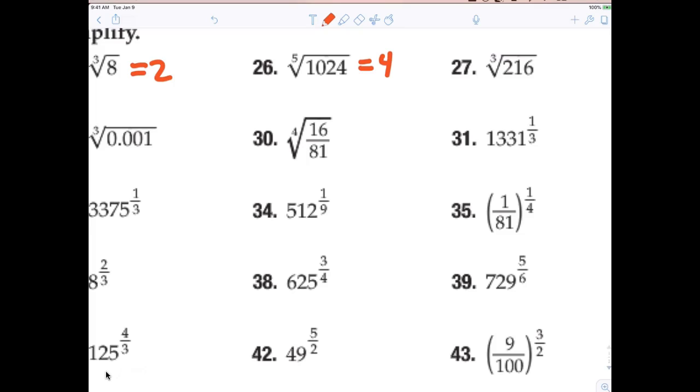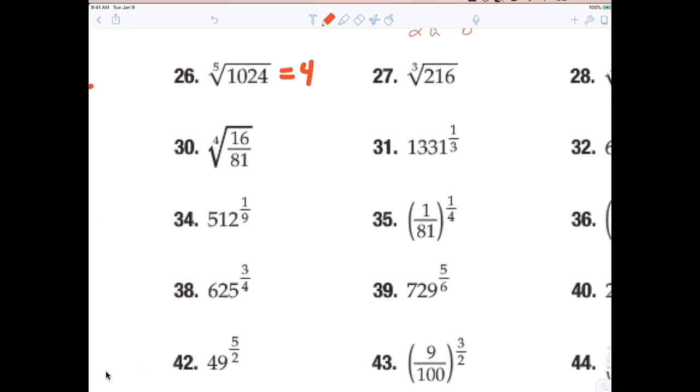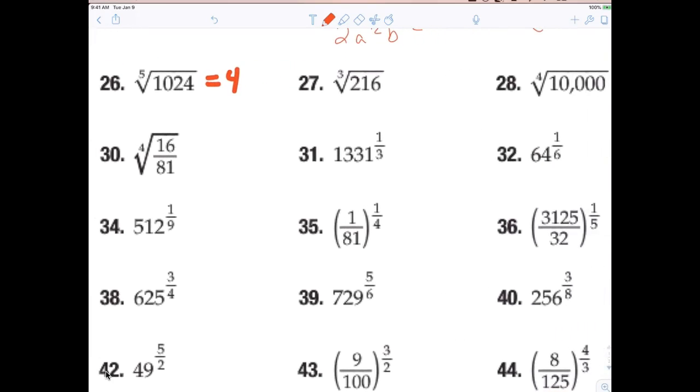Let's see. Put in 1024 raised to the 1/5 power. Thank you. Sorry. Colin, 27. All right, 27.